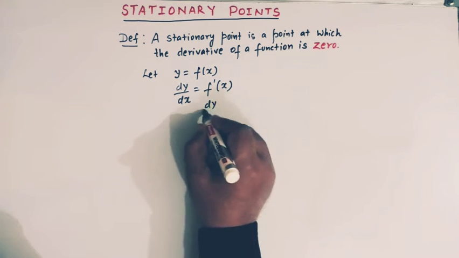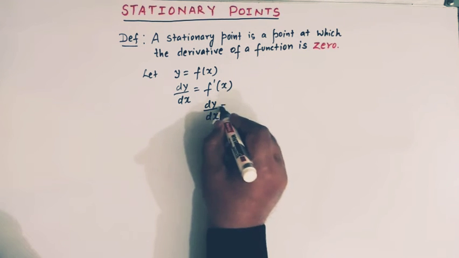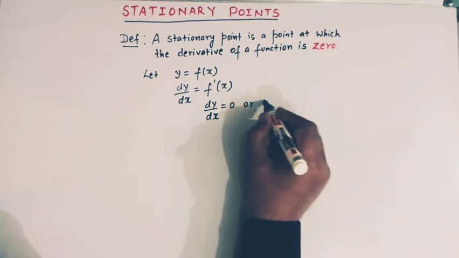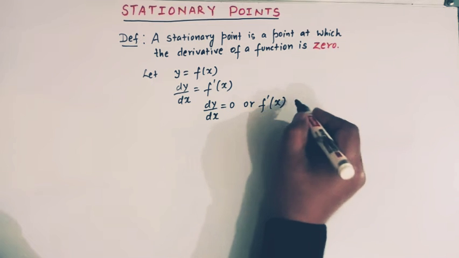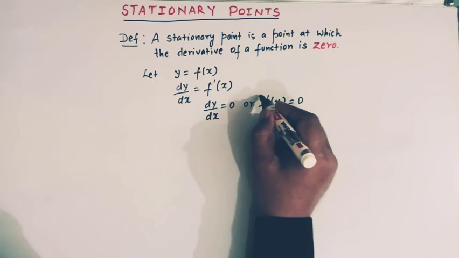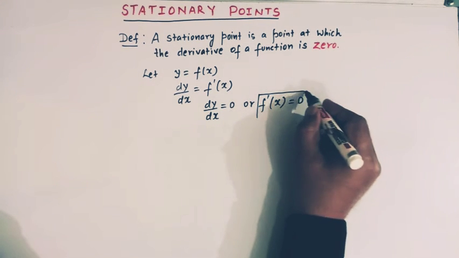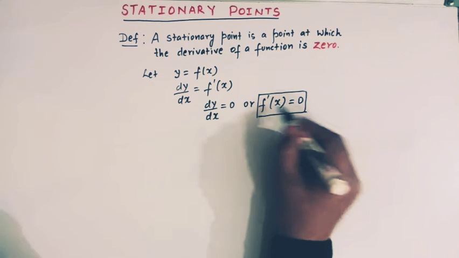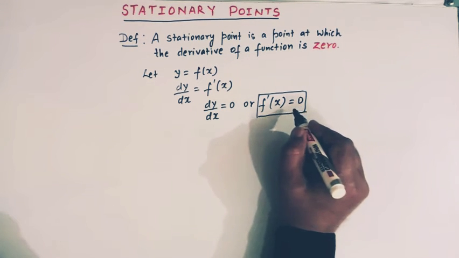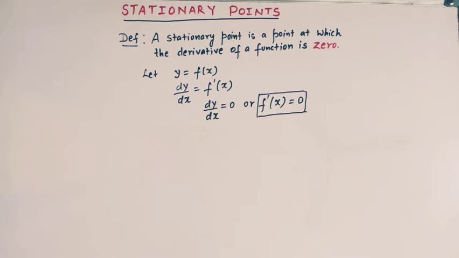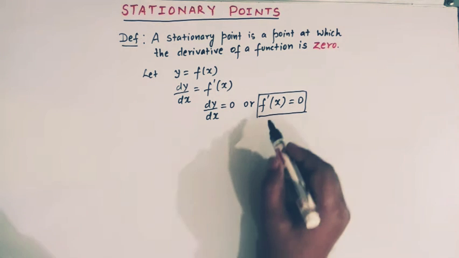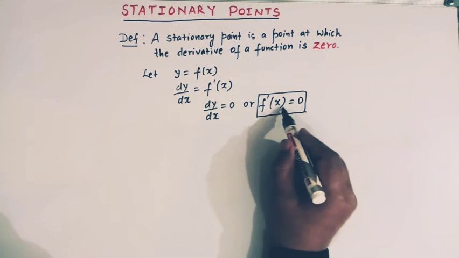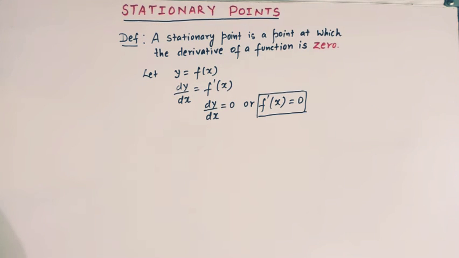So we have dy over dx is equal to 0, or f prime of x is equal to 0, right? Now if we solve this equation, f prime of x is equal to 0, then the different values of x which are obtained by solving this equation are known as stationary points, right?